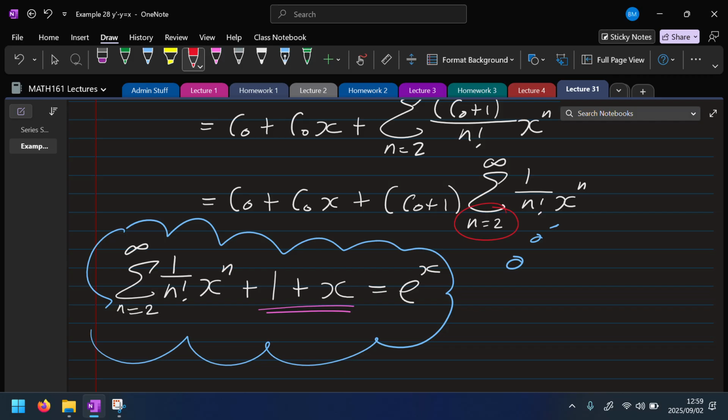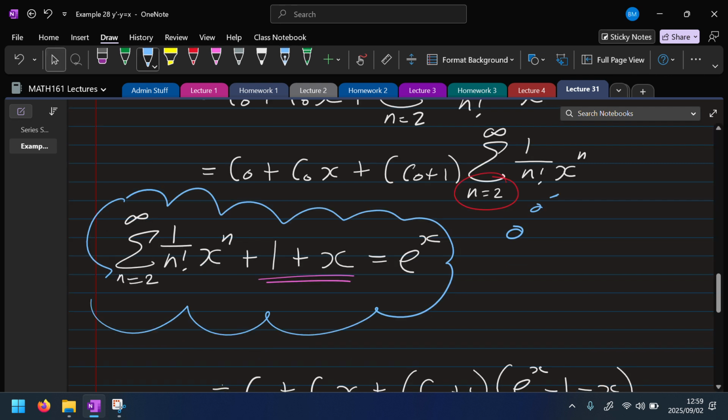Yeah, so we're just adding in the missing terms to make it e to the x. So here you can make a note: add in the missing terms. Any other questions?